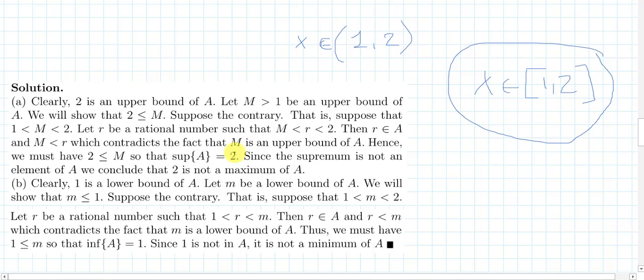But a maximum should be from this set. And in our case, this is the supremum, the least upper bound, it is the supremum of A, but this is not a maximum.